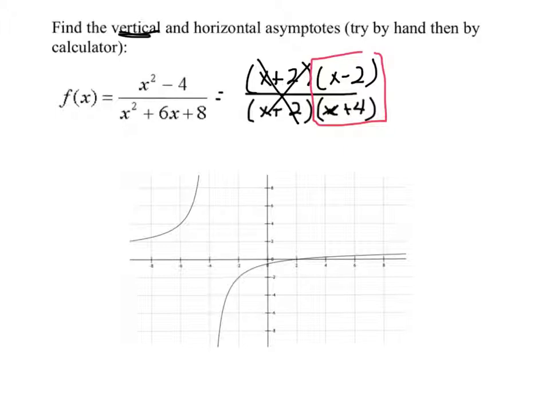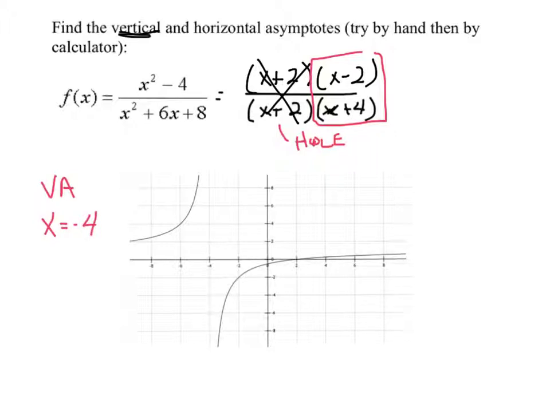And if you recall, when this cancellation occurs, this leads to what's called a hole in the graph. Okay? So we only have a vertical asymptote at x equals -4.